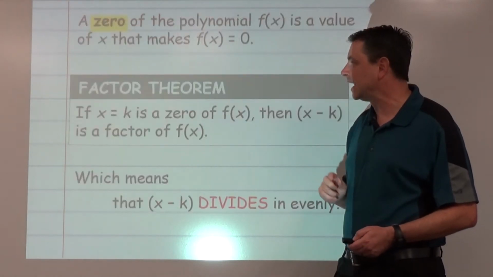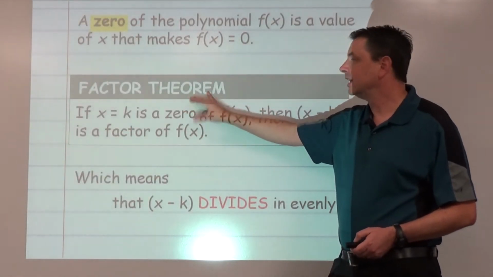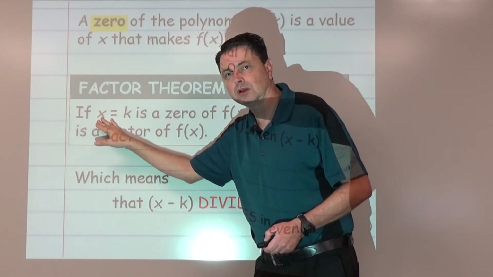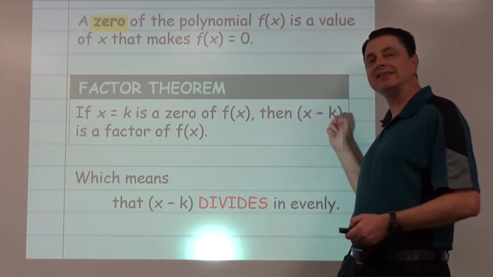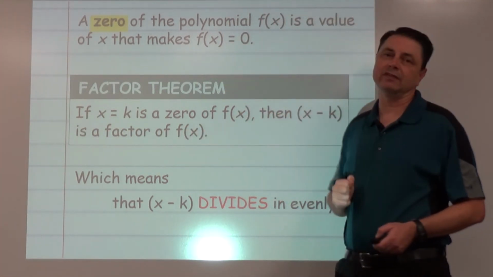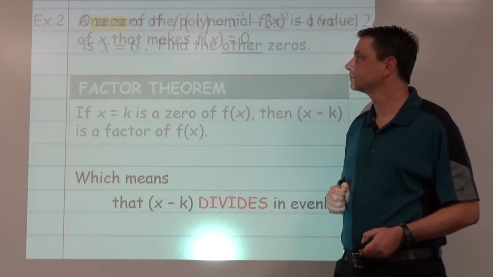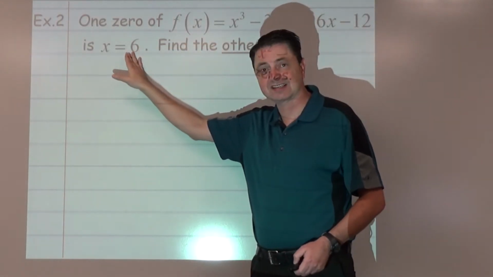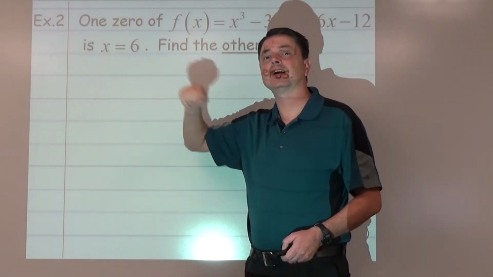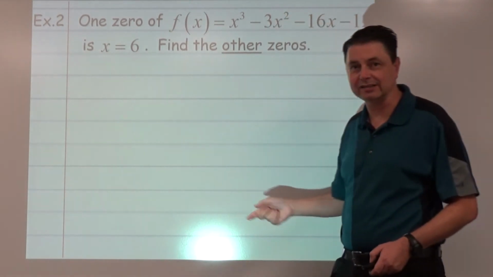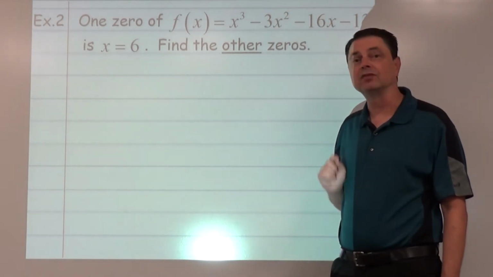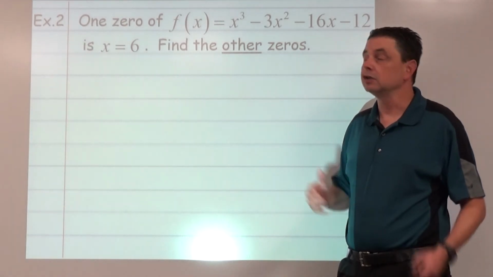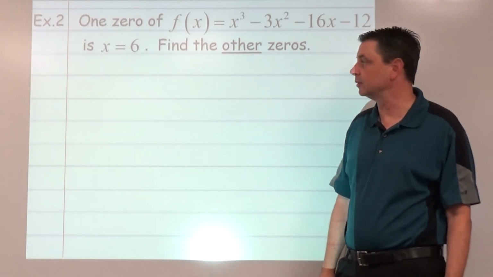So we're going to go back and look at the factor theorem. If we know a zero, then x minus that number is a factor. So since 6 is a zero, that tells us that x minus 6 is a factor. And factors divide evenly. So let's turn this into a division problem.